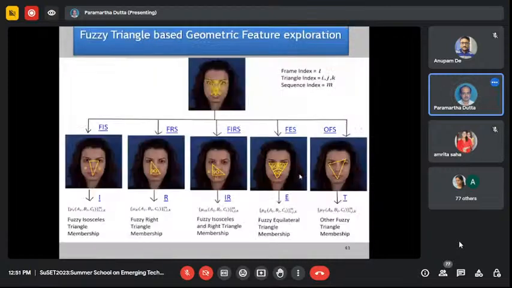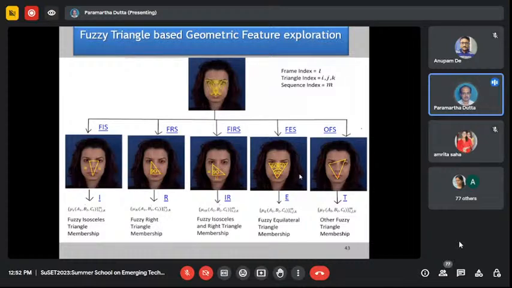I am not going deep into the mathematical derivations. Just one example will be better for your understanding. Let me provide it. For example, if we consider an equilateral triangle, ideally a classical equilateral triangle should have angle distribution 60 degree, 60 degree, 60 degree.